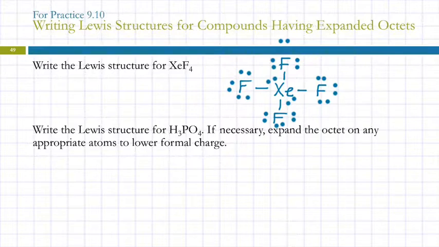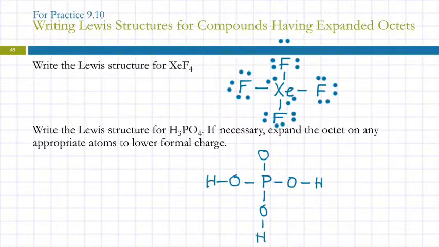Let's do H3PO4. So this one's going to be a lot like H2SO4. So we'll put the hydrogens off of the oxygens. And we count up electrons. Phosphorus has 5, and 3 H's, hydrogens. 3 hydrogens is 3, and then 4 oxygens would be 24.